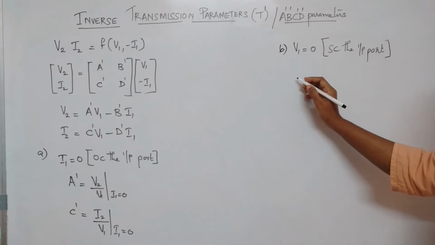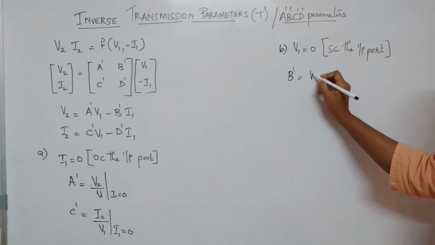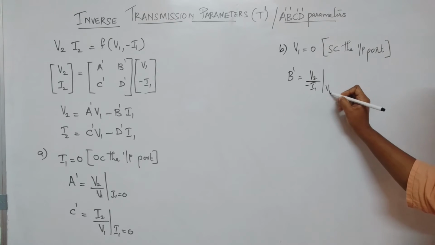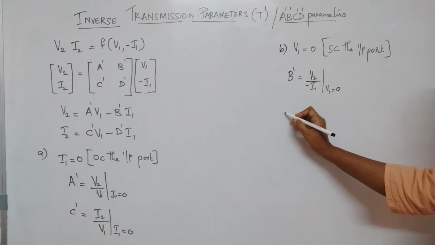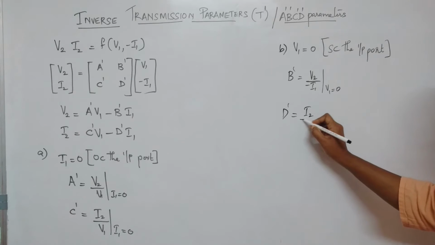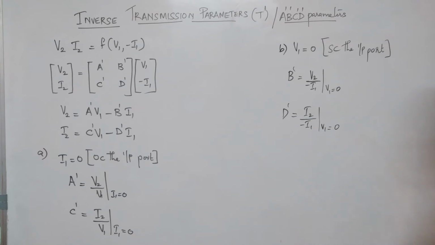So B dash is equal to V2 by minus I1 for V1 equal to 0, and D dash is equal to I2 by minus I1, again for V1 equal to 0. So inverse transmission parameters are V2, I2 expressed as a function of V1 and minus I1.